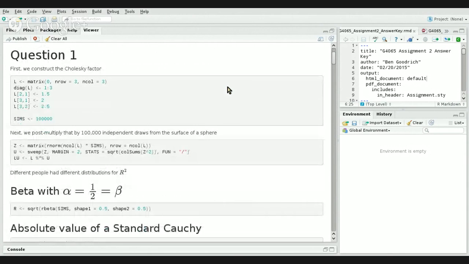And then the rest of it is just creating a spherical variable and then transforming: first a variable on the surface of a hypersphere, or in this case, just a sphere because it only has 3 dimensions, scaling that variable on the surface of a sphere by a random radius to obtain a spherical variable, and then transforming a spherical variable by pre-multiplying it by L to obtain an elliptical variable.